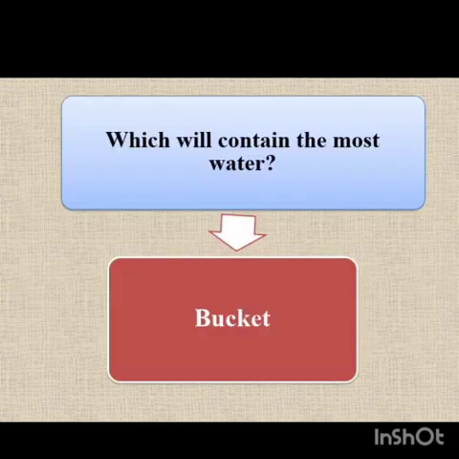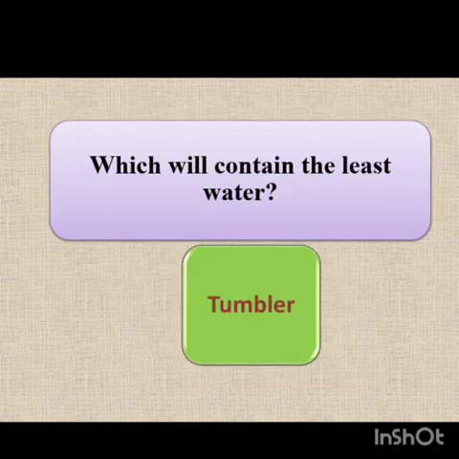Now the question is, which container will contain more water? Well, the bucket will definitely contain more water as it is bigger in size. Now, the question is, which container will contain the least amount of water?